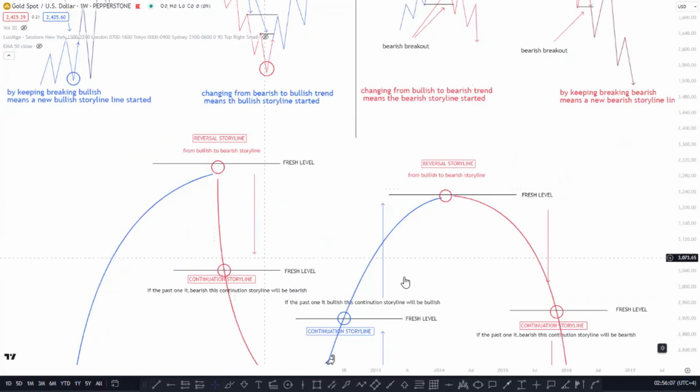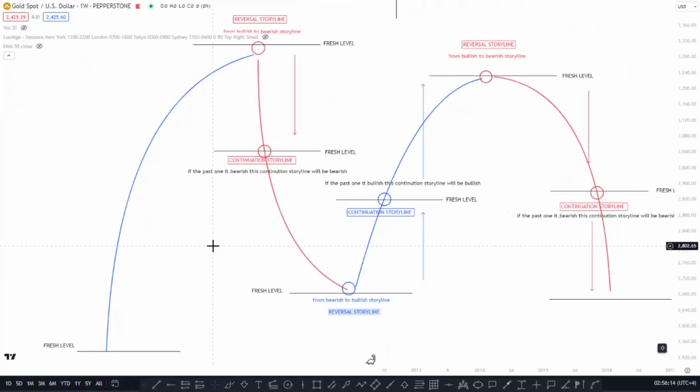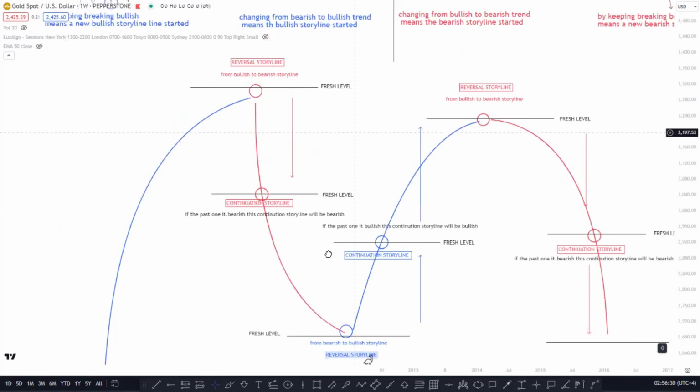So let's see how the storyline moves between these fresh levels. For example, let's say the trend was bullish here. When the price reaches a fresh level and we see a bearish breakout, it means the trend has changed and the bearish storyline started.